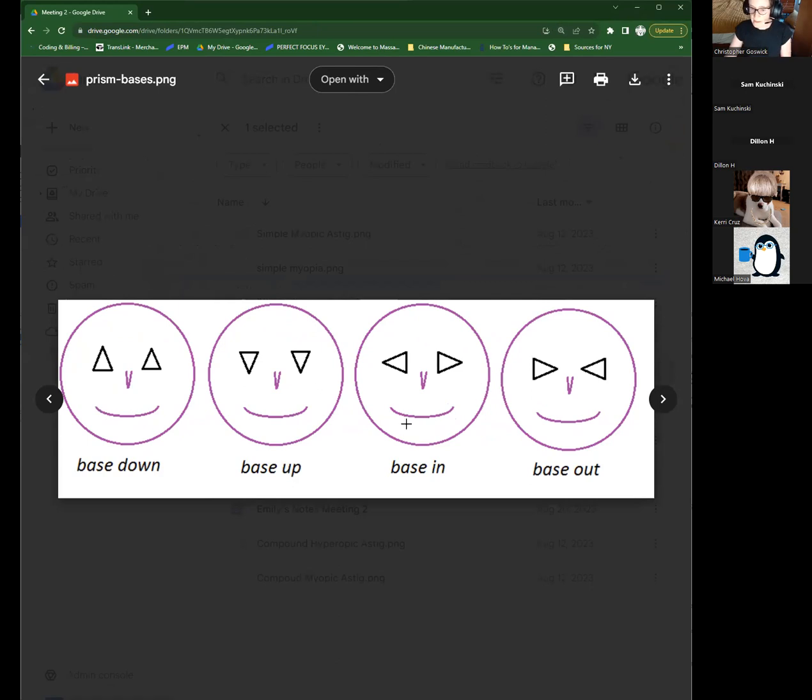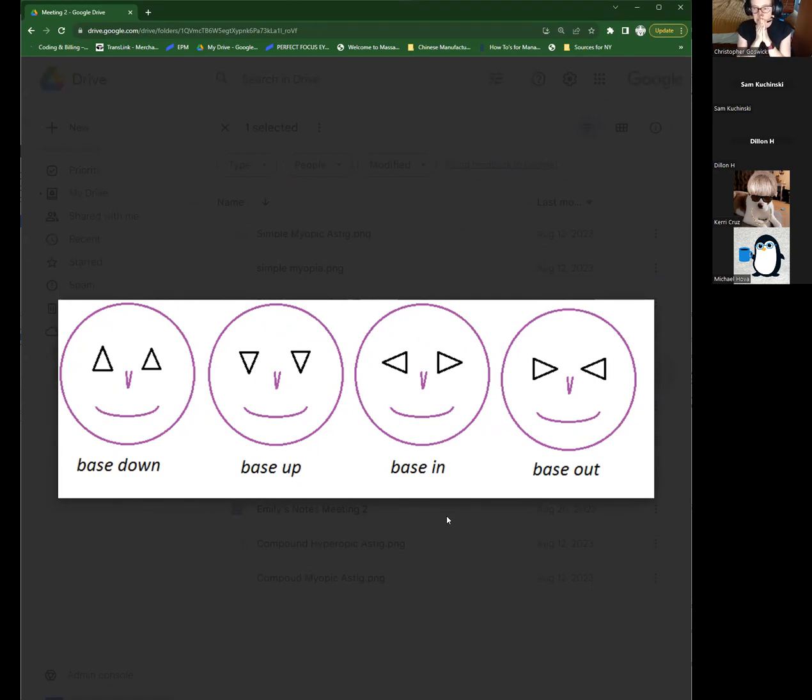Basically, this looks kind of like a jack-o'-lantern, but what it shows you is what base down, base up, base in, and base out are. The important parts of prism, and again, we're going to touch on this later, but I think it's good for you guys to get a sense of what this all means. Everything is in relation to the nose, okay?